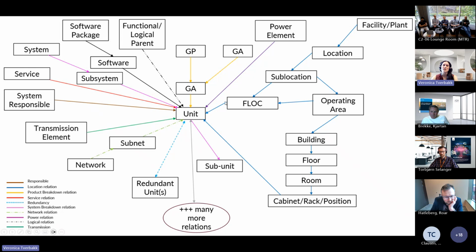And this is something that we'll see from the different aspects in IMF that we could represent with different normalized attributes. And then we can build these spider web of structures and relations to represent dependencies between equipment.